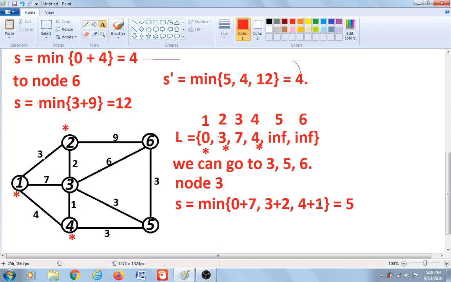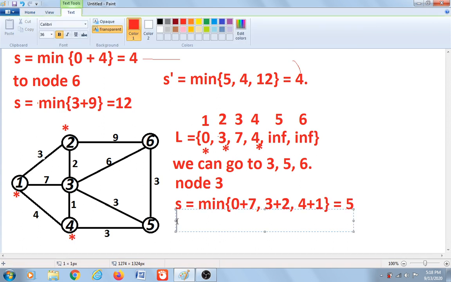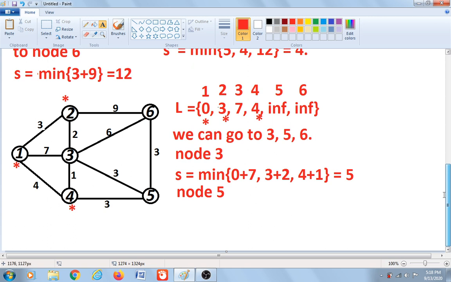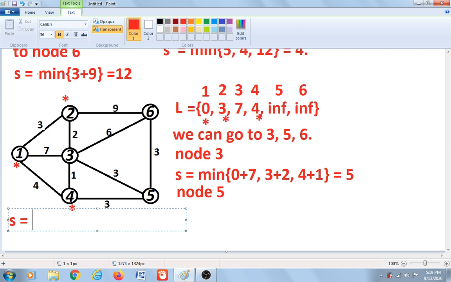Okay, that's going to node 3. Now how about if we go to node 5? What is the distance if we go to node 5? So I'm just gonna put it here as equal to the minimum. So if we go to node 5, we can go from node number 4 only.